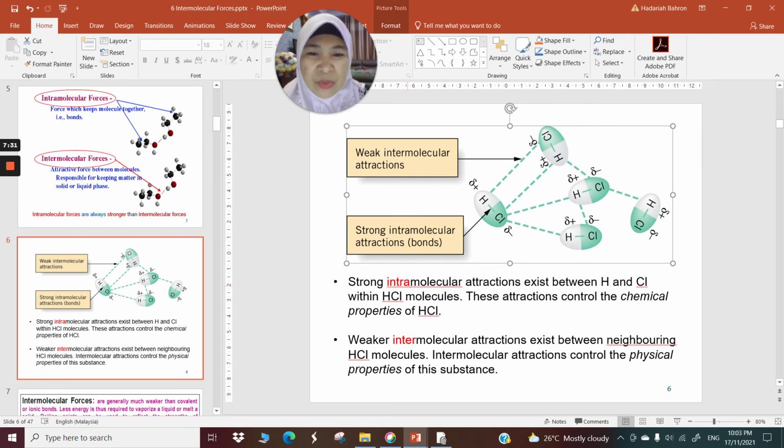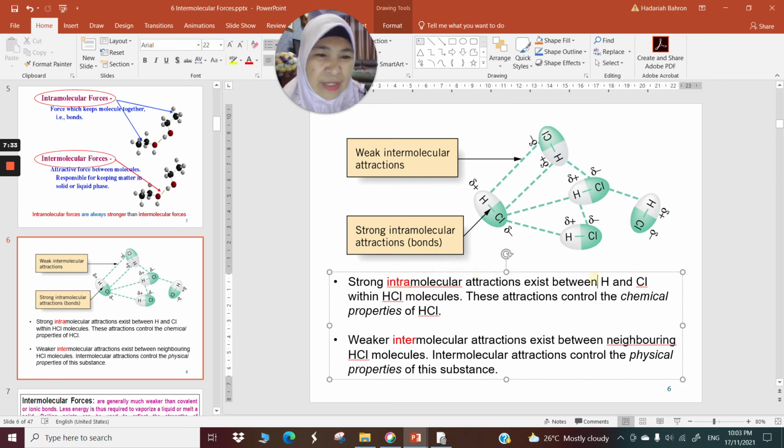So, a strong intramolecular attraction between H and Cl controls the chemical properties of HCl, whereas the weaker intermolecular attraction between neighboring HCl molecules determines the physical properties of this substance. So intramolecular attraction determines chemical properties, whereas intermolecular attraction determines the physical properties.